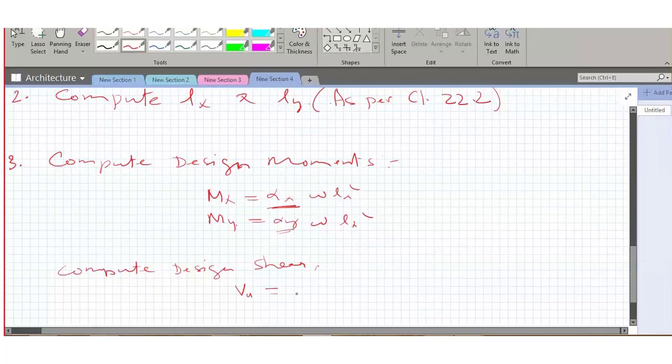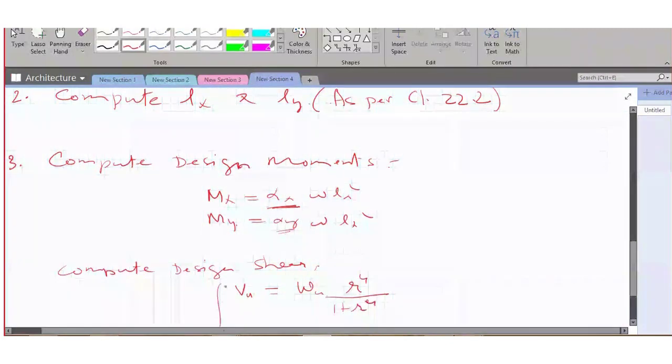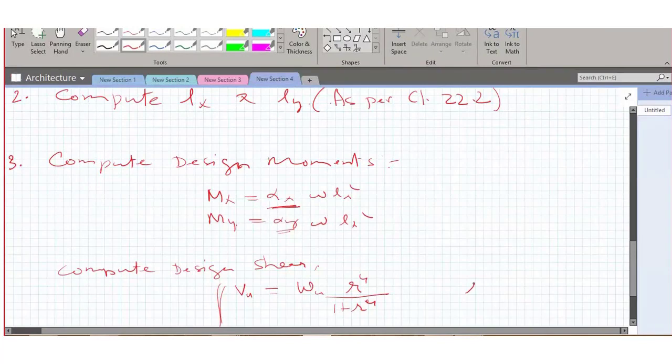It will be Vu equal to the ultimate load into r to the power of 4 divided by 1 plus r to the power of 4. I'm not deriving this expression, you can remember it. What is r? r is the ratio of shorter span by longer span. Once you compute r, you will be able to compute the shear force.